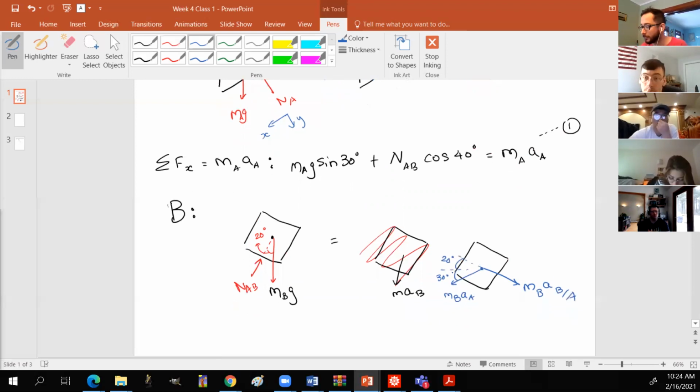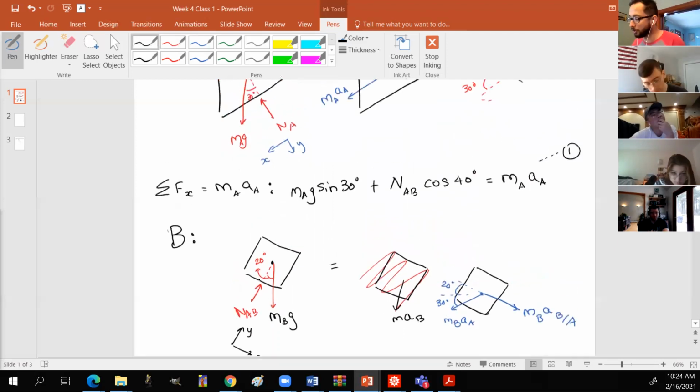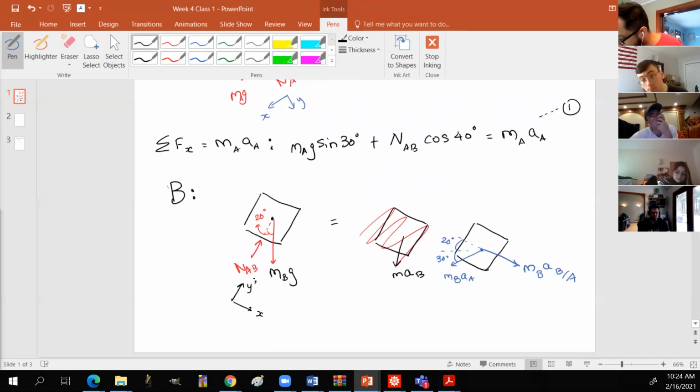And now we can define a new coordinate system, which will make our lives easy. So let's say that we're looking at Y and X like that, right? So we're looking at stuff relative to the block. Since we'd already used Y and X over here, let's not confuse things. Let's say Y prime and X prime like that, right?